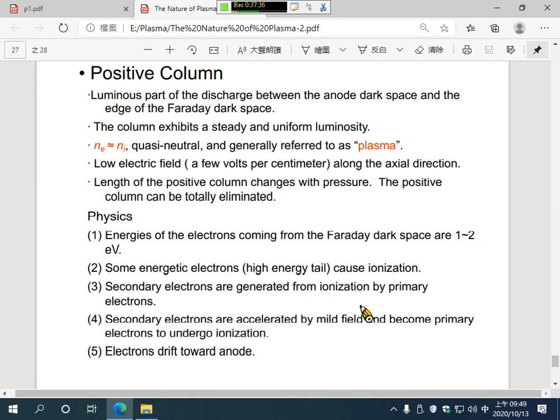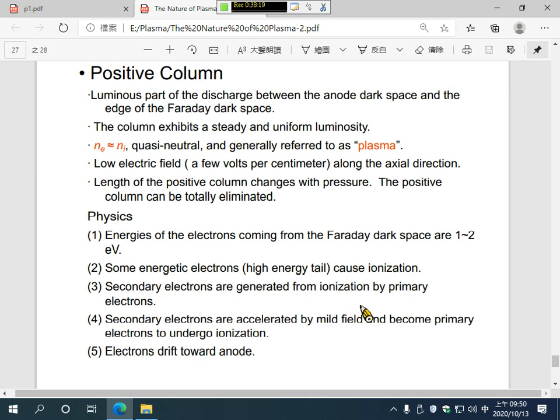Okay. And in the physics of the positive column, here is important. The energy of electrons is around 1 to 2 electron volt, with the distribution of the electron energy similar to the Maxwell-Boltzmann distribution. So there are some energetic electrons at the high energy tail, and this part of the electrons causes ionization. Okay, and there is still the electron impact ionization process caused by this high energy tail electron.